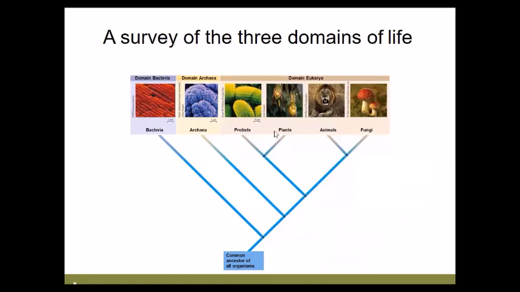The plants and the protists are combined here, which just means that they are more closely related than, let's say, a plant and bacteria. Animals and fungi have more DNA in common than animals and plants, or animals and protists. So this gives you, again, a family tree of different groups of living organisms.